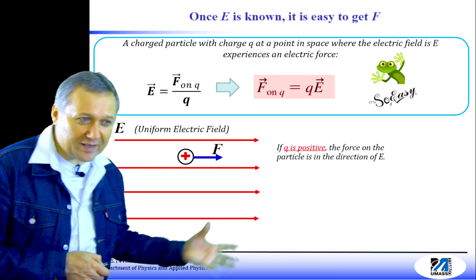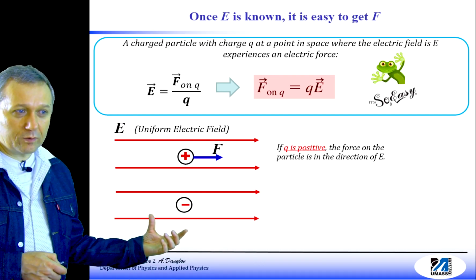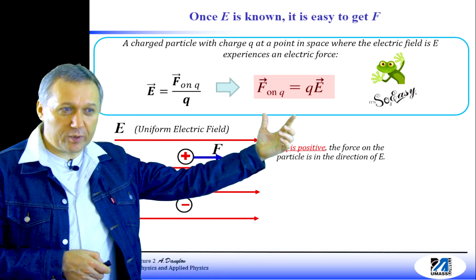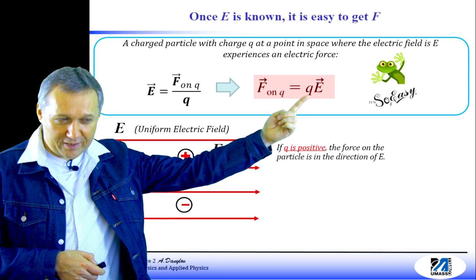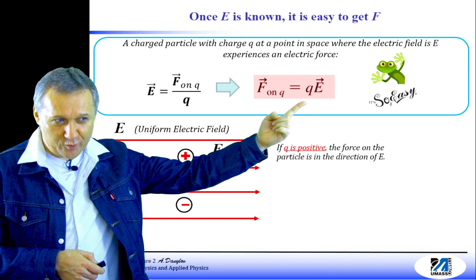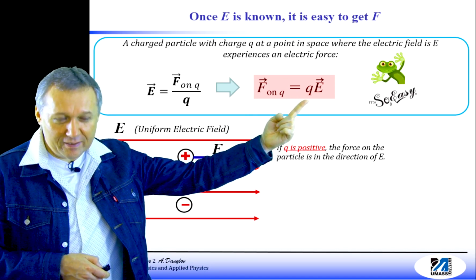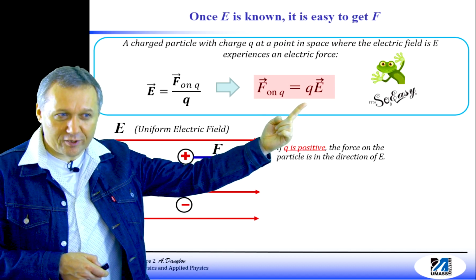But what if the charge is negative? Now again, we have to look at this equation. Now our charge is negative, so I can write, for example, minus an absolute value of charge Q. So over here in front, we have a negative sign. What happens with the direction?